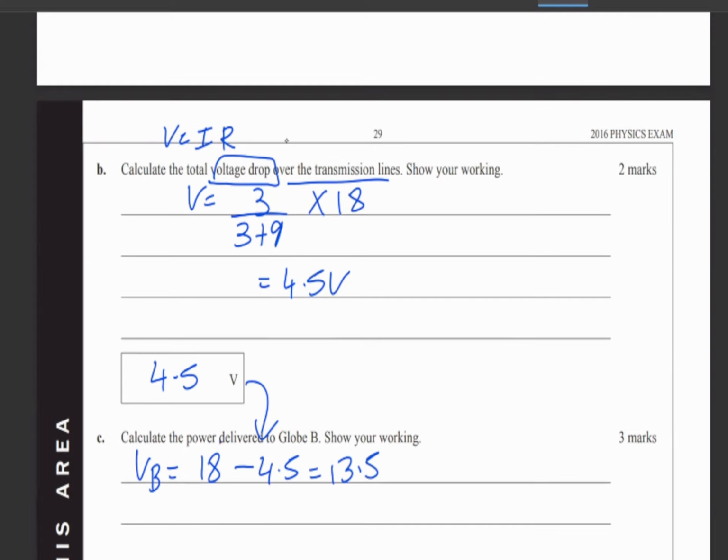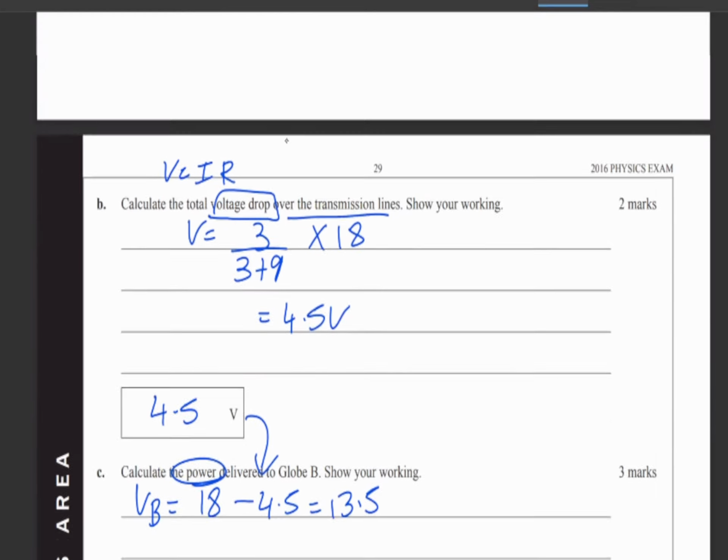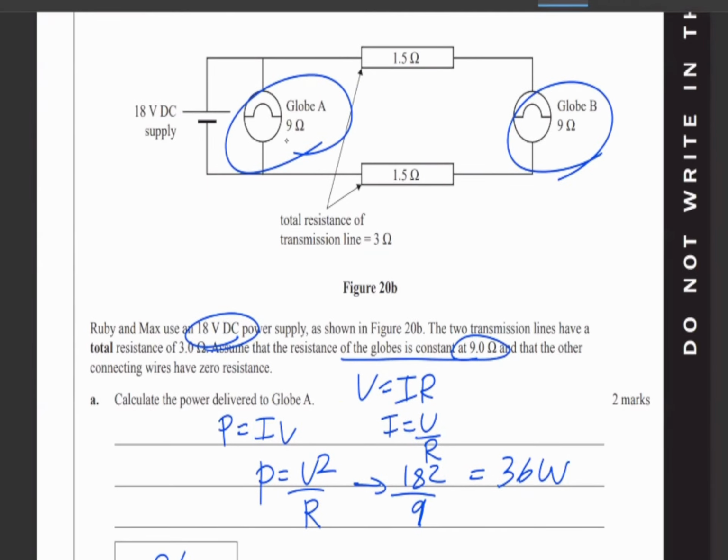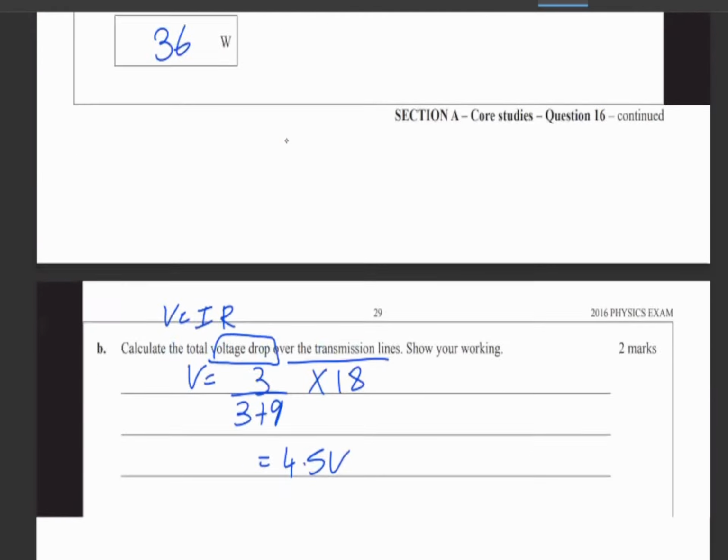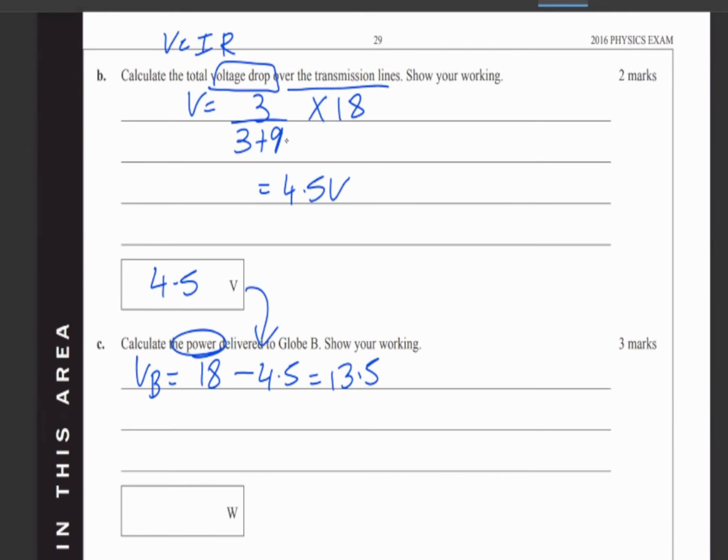So we need to find the power, do we know the resistance in B? 9. Yep. So we do the same thing we did before. The power equals V squared over R, 13.5 squared over 9 equals 20.3 watts. So I guess 20.